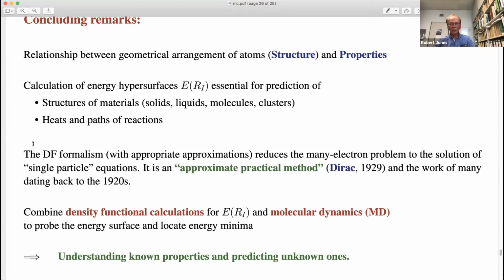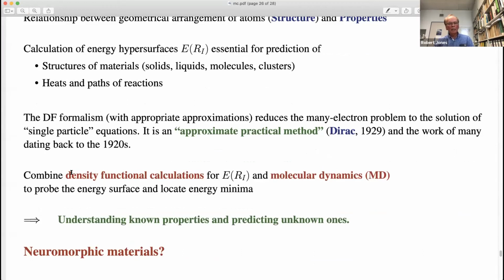And the work of the density functional formalism has many fathers, if you wish, goes back to the 1920s, including Dirac. It is really nice that you can combine a reliable way of calculating total energies with molecular dynamics in a scheme which works well on massively parallel computers. And we can use that to probe the energy surface and locate the energy minimum. Now, the goal then in general is to understand known properties and predict unknown ones.